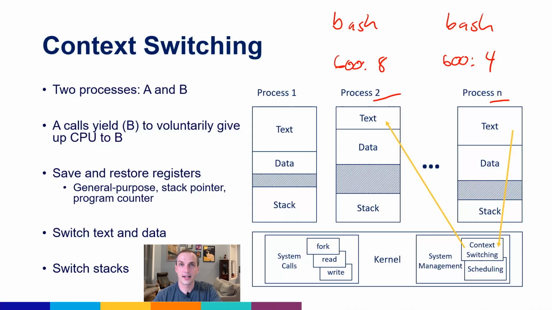What happens in a context switch is not only are we going to be saving our registers, like in a procedure call, we're also going to be switching the mapping between these virtual addresses, which we're going to learn a lot more about later on, and where it is physically stored in the memory of the running computer. So this map of what does this 600 map to?